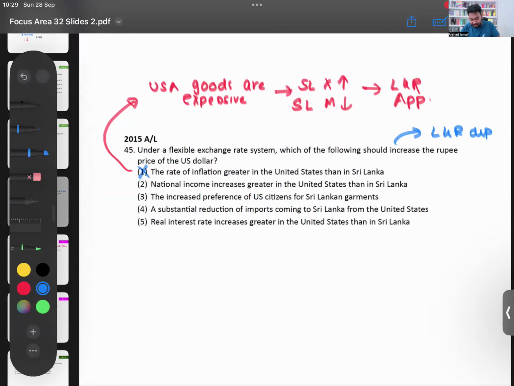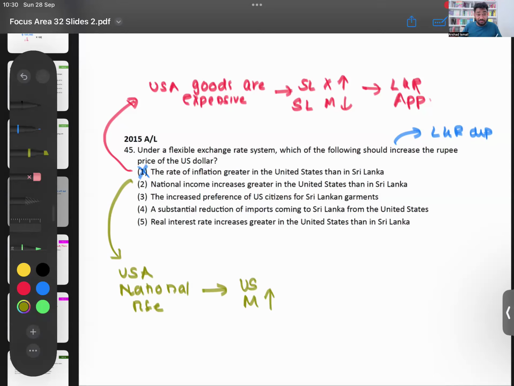Then the second one, national income rises greater in the US. If US national income rises, what does that mean? Remember, there is a connection between national income and imports. So if US people's income increases, the US will import more and more.